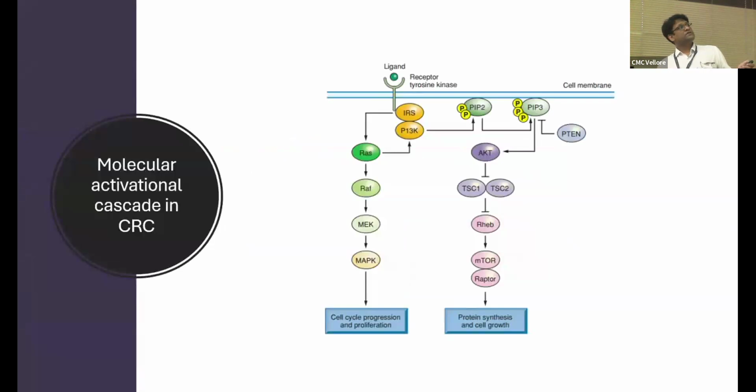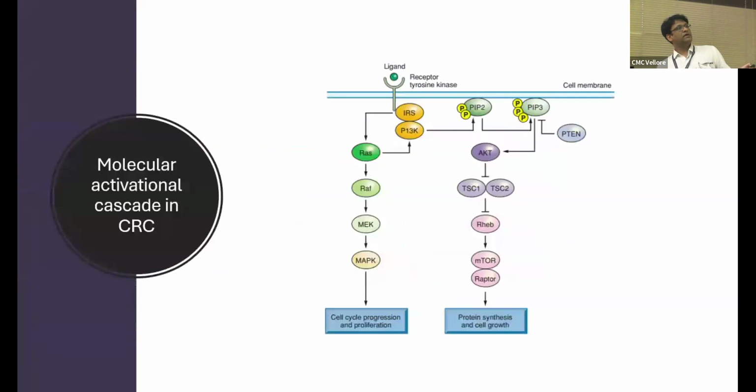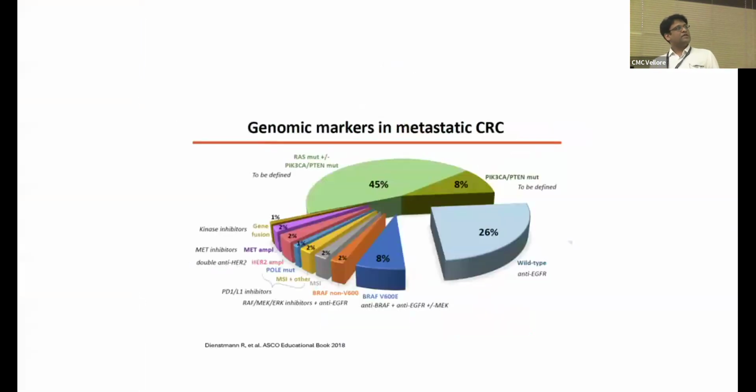So 40% can have a mutation here, another 10 to 20% can have a mutation here. Then you can have BRAF, which is another maybe 8-10%. By identifying all these mutations, and a whole lot of other mutations, you can find ways to target that particular person's cancer and thereby decrease the proliferation of the cancer cell.